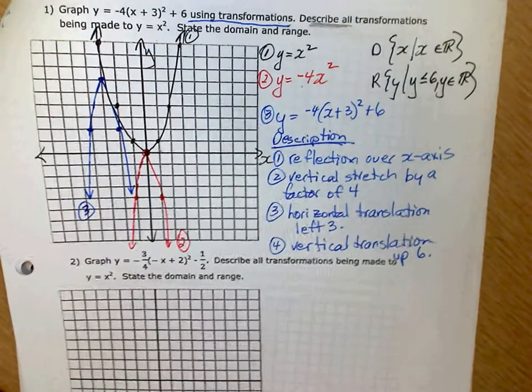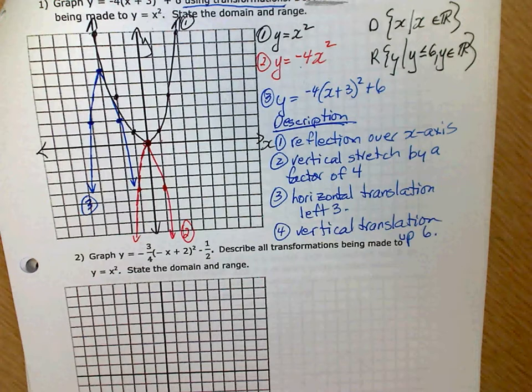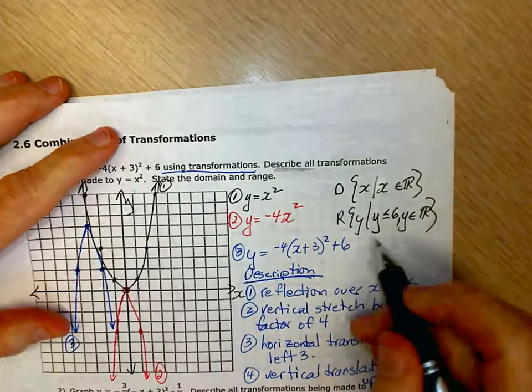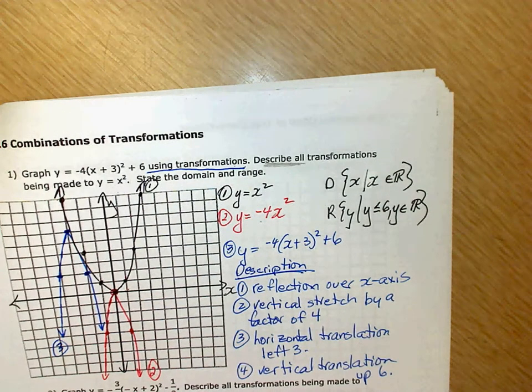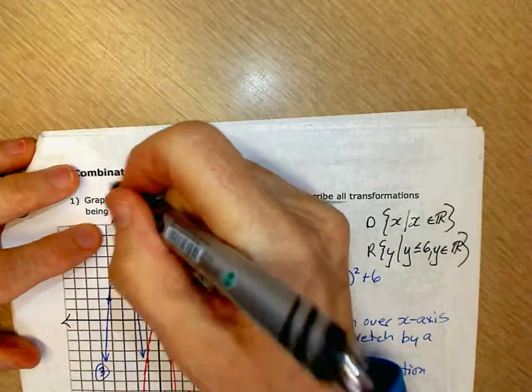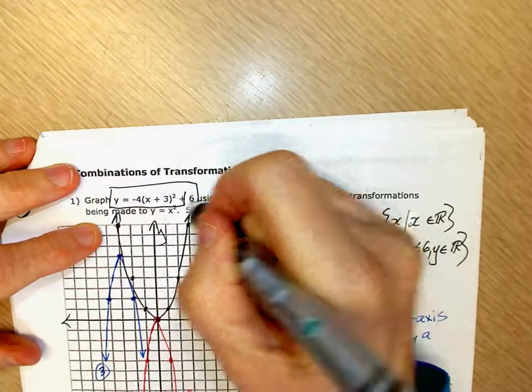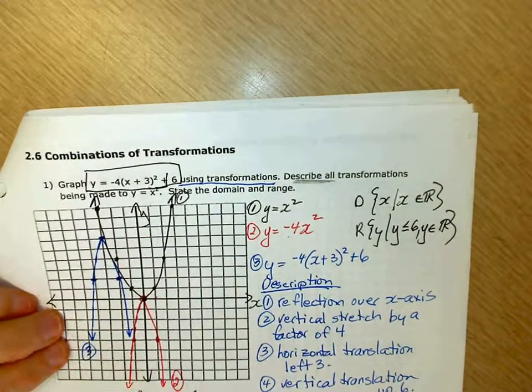Yes, absolutely. You write it for the given graph here. You just write it for the final graph.